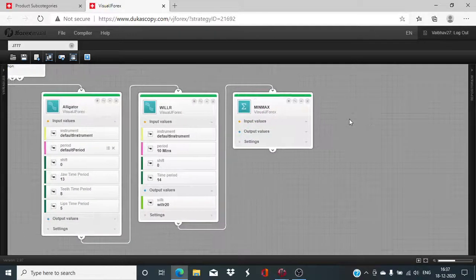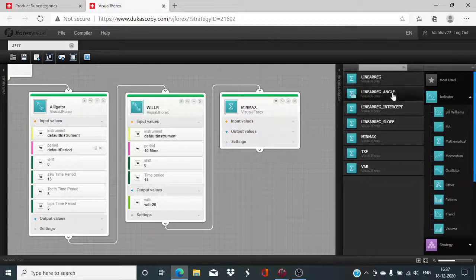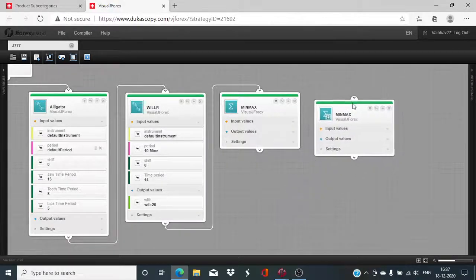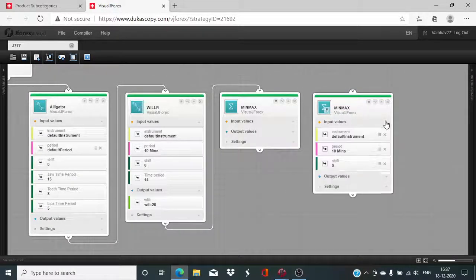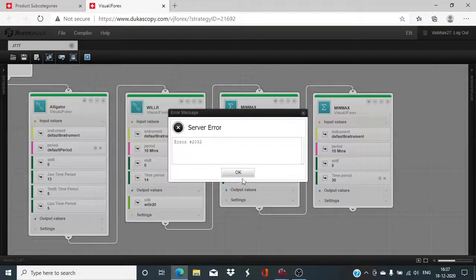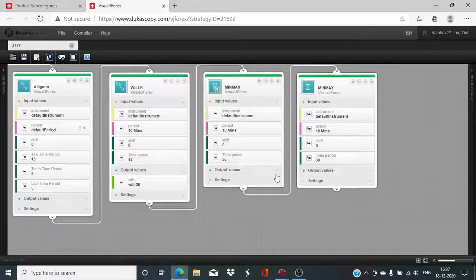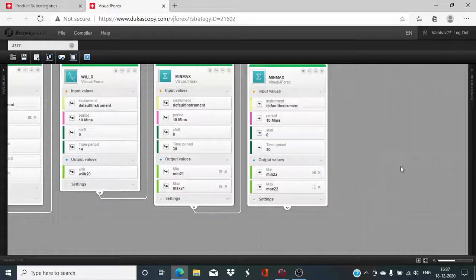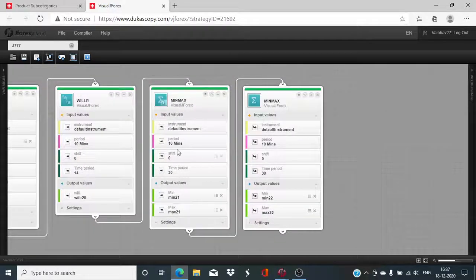and we will do one more min max. And here also the idea is, if certain conditions are fulfilled, then the trade should happen, else nothing should happen. So here I have brought this.